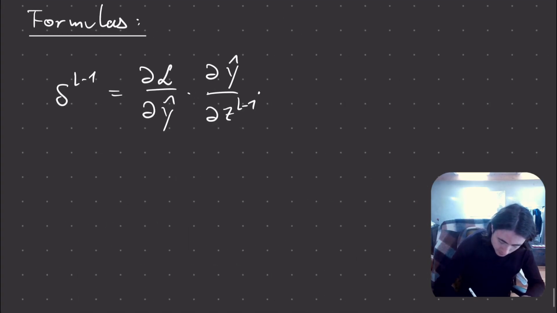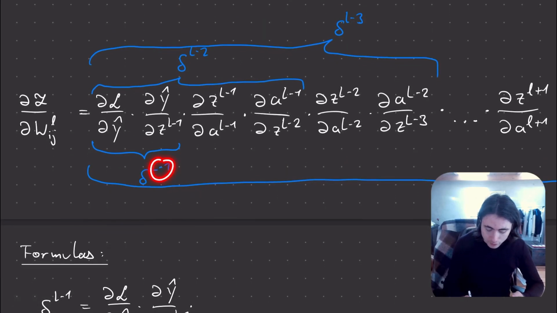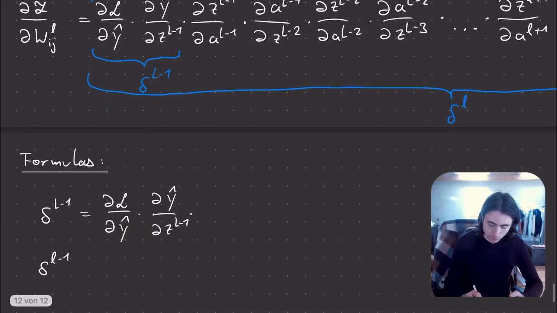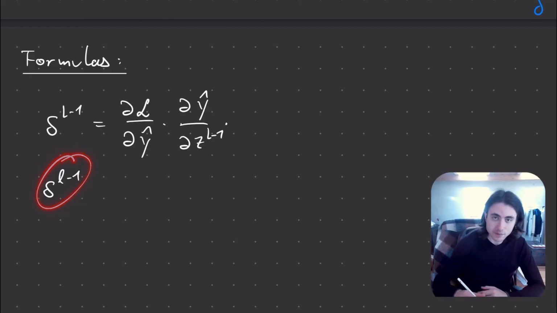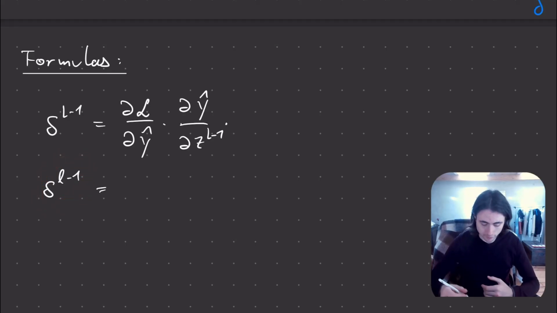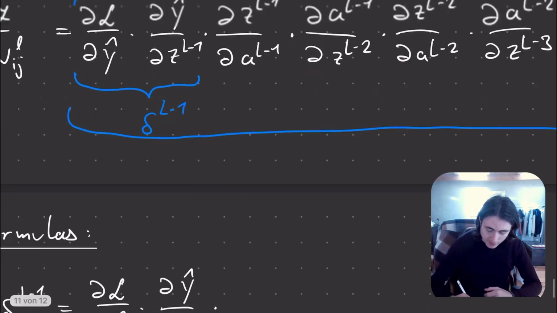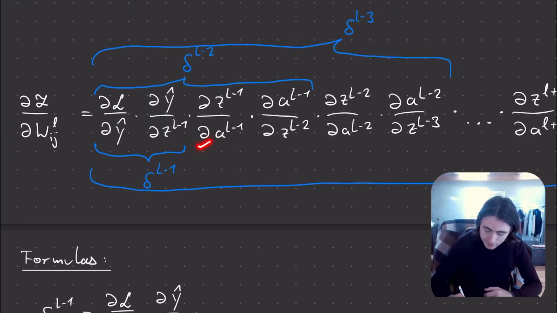So if we have another delta L-1, and notice that the indices of the delta they descend, right? So they get smaller and smaller. So this here, L-1, can be seen as the next delta, which is one layer or one iteration further, and it is defined as the previous delta times whatever comes in here.